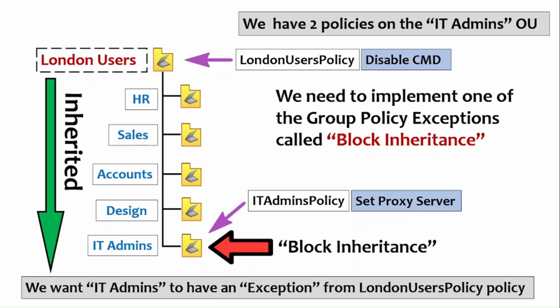In this example, the London users policy will only be applicable to the HR, sales, accounts, and design OUs, and it won't get applied on the IT admins OU. So all the IT admins in London will be able to open the command prompt. This is how block inheritance works.